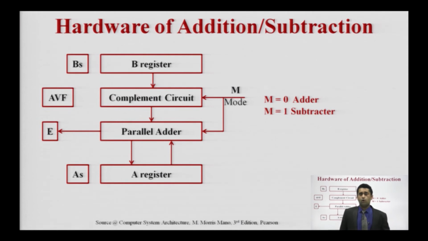Now how we are using these types of circuits in a computer, this is the important part. I have taught about the arithmetic circuit, logical circuit and shift circuit in previous lectures, and the combination is basically the ALU, and today we are discussing the parallel adder and this fast adder. But what exactly is the computer doing?